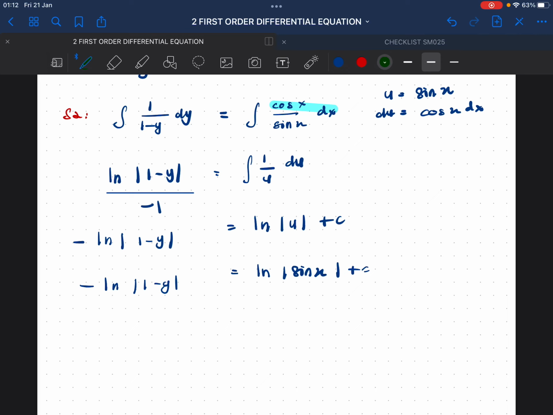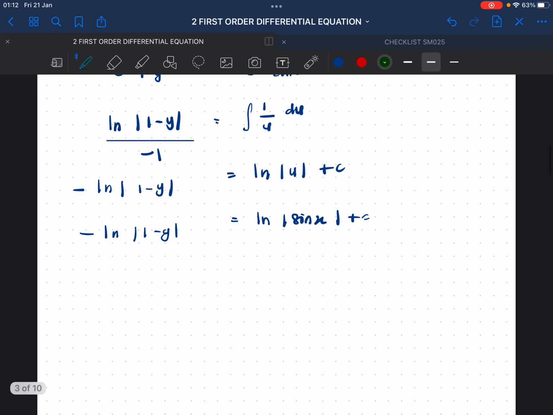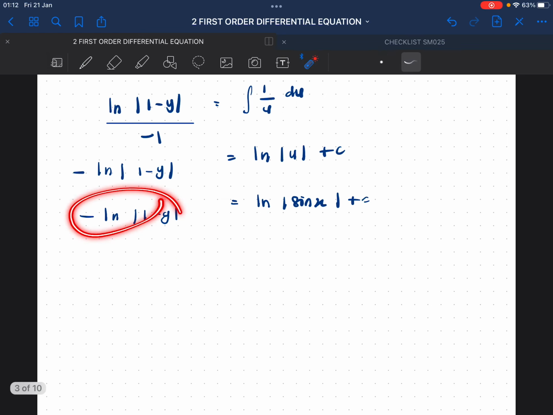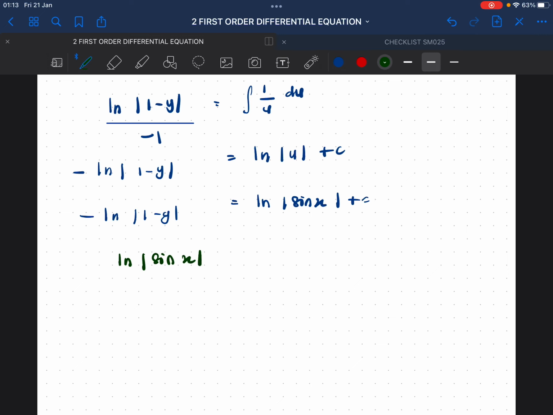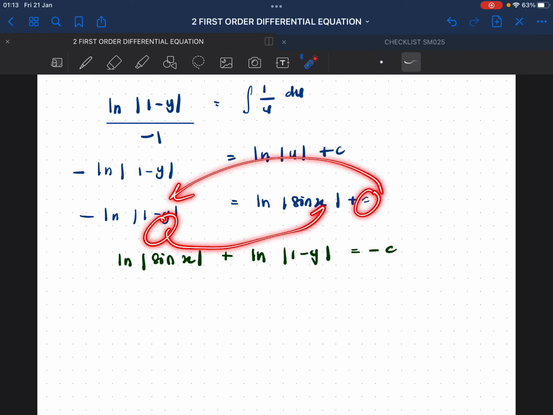This is extra. We are going to learn this more in the application subtopic. Let's move this to this side. So you will have ln sin x plus ln 1 minus y equals negative c. Just move this to here, move this to here.